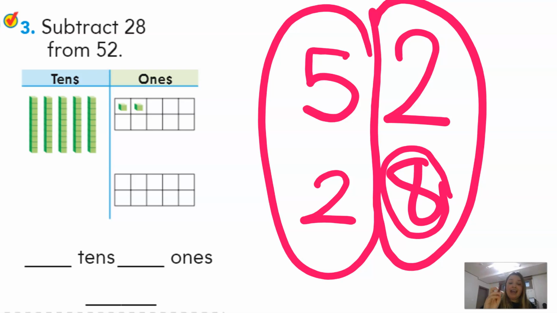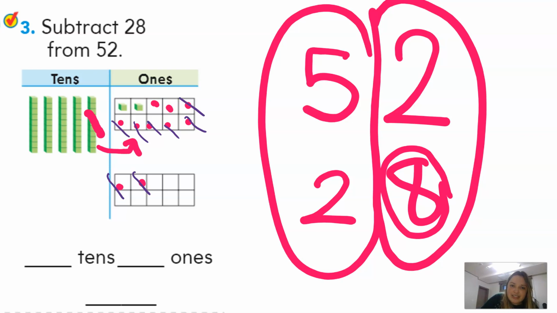I know. I have to regroup one of the tens. So I'm going to get this 10 and send it over here. 1, 2, 3, 4, 5, 6, 7, 8, 9, 10. There we go. Now I can take away 28. So here we go. I'm going to take away 8 ones. 1, 2, 3, 4, 5, 6, 7, 8.